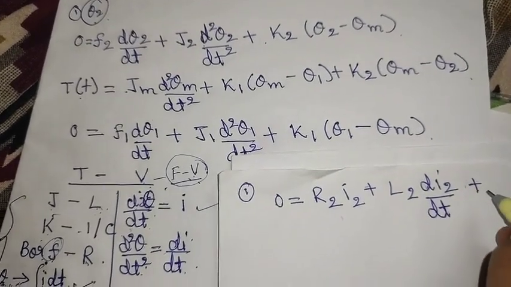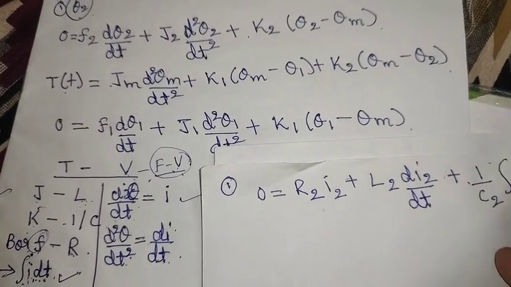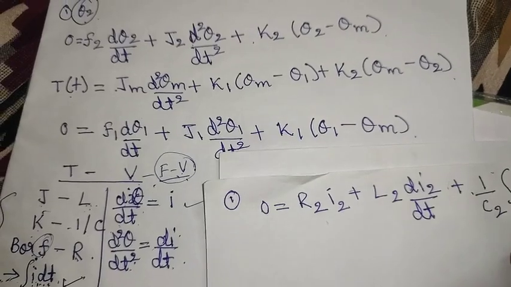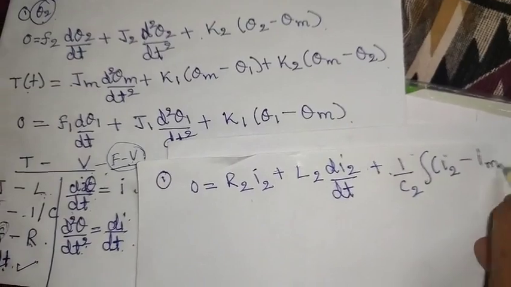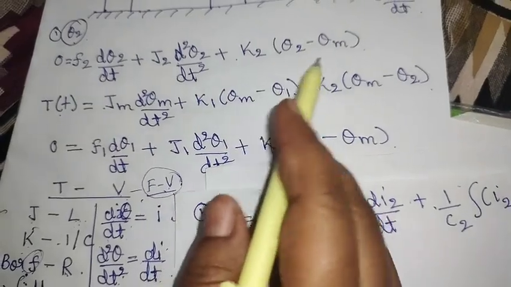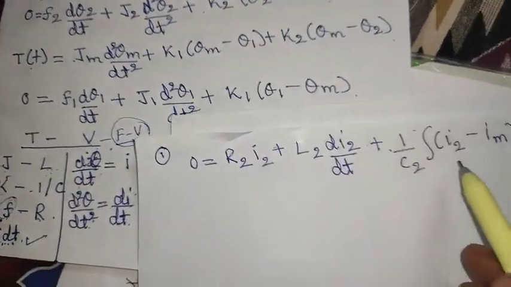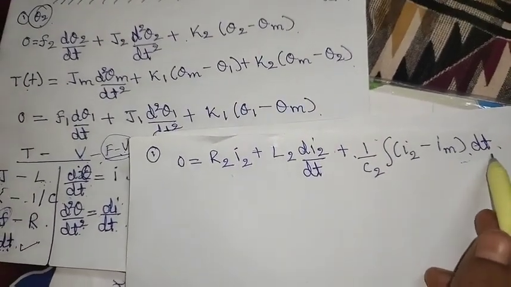Next, K2 is replaced by 1 by capacitance, 1 by C2, integration of I2 minus Im into dt, because theta 2 minus theta m is there. So that's why 1 divided by C2 integration of I2 minus Im into dt.